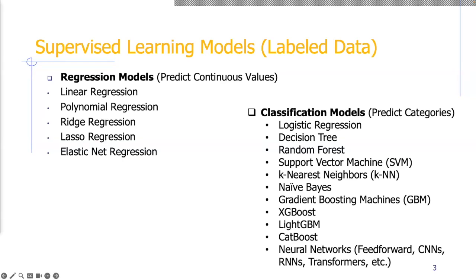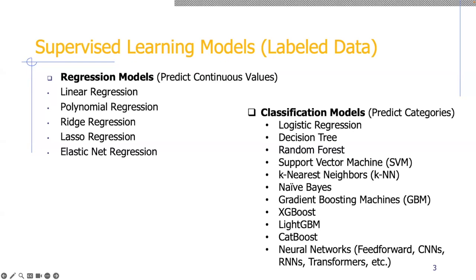K nearest neighbors, right? That's different from k-means, so don't get confused. That was for unsupervised. K nearest neighbors is non-parametric, and it's also a classification algorithm that assigns labels based on the majority class of the nearest neighbors.